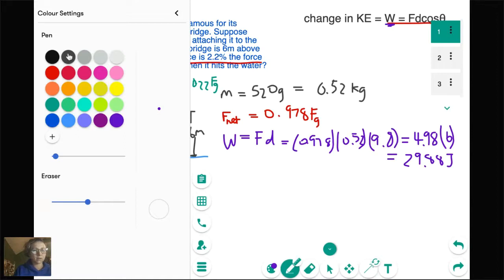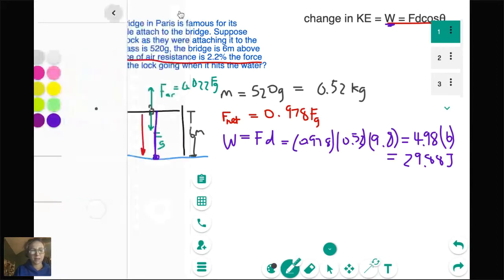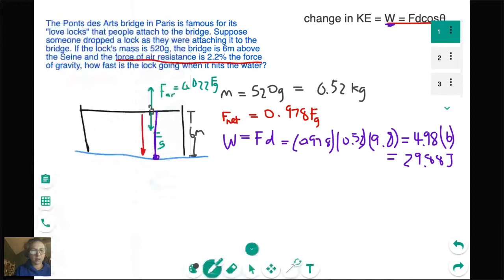So I don't know, we'll switch to this color. So I know that work equals the kinetic energy at the bottom, which is equal to 29.88 joules, which the equation for kinetic energy was 1/2 mv squared.